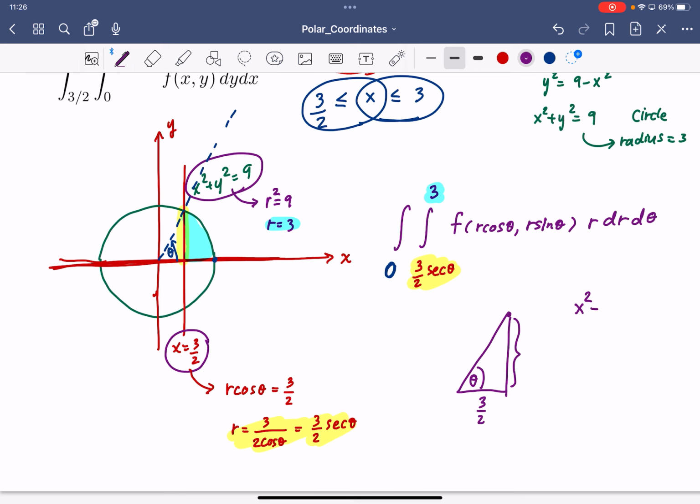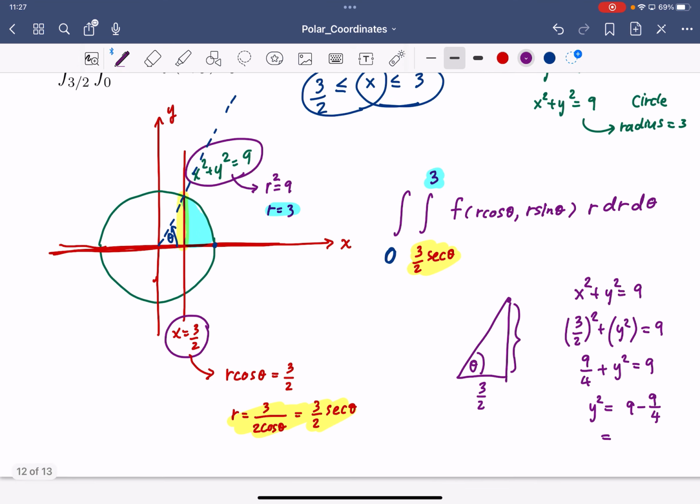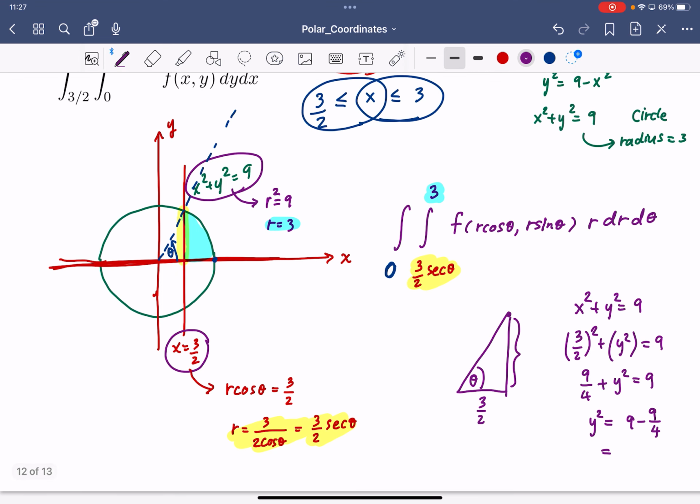So this is x squared plus y squared equal to 9. So (3/2) squared plus y squared equal to 9, and this is 9/4 plus y squared equal to 9. And then that means y squared equals 9 minus 9/4. 36 minus 9 is 27, right? 27/4. So which means this is actually 3 square root 3 over 2, right?